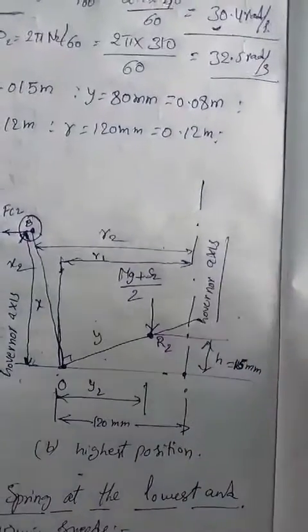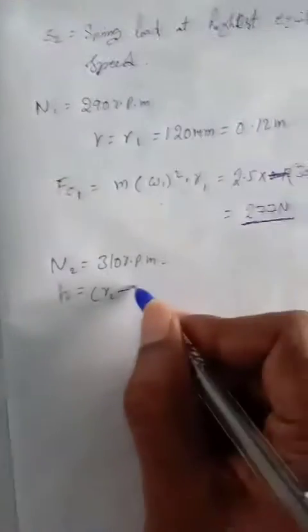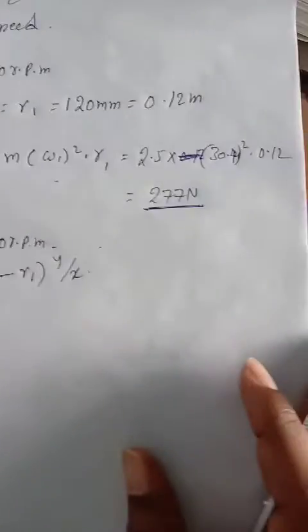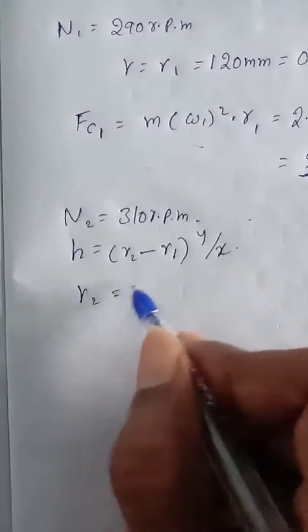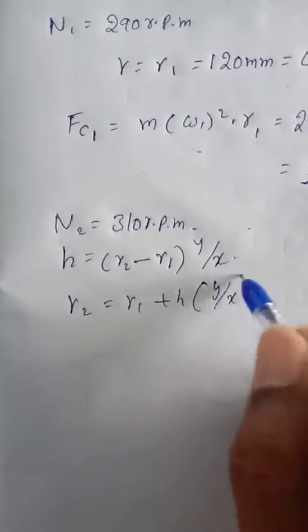Then h is equal to (r2 minus r1) y by x, so r2 is equal to r1 plus h y by x.